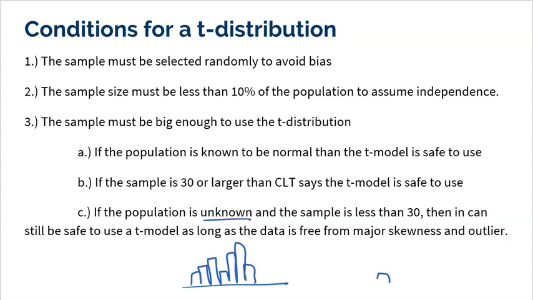I don't see a little hump way over here, or any major skewness. So as long as our sample looks roughly normal, then we would assume that the population it came from is also roughly normal. So that's why we could still be okay to proceed even with a small sample size and an unknown population. All you got to do is make sure that your sample, your data, is fairly good. And we're actually going to take a look at an example where we have to do that.